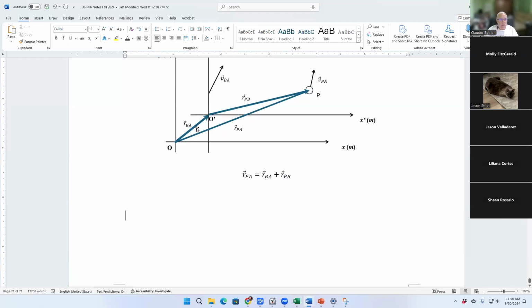This guy here is this plus this. But wait a minute. There is a better format for this vector equation.